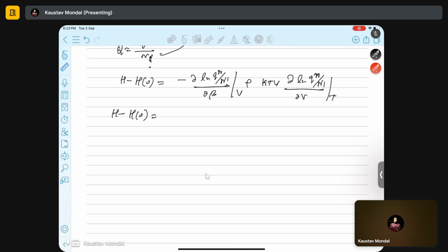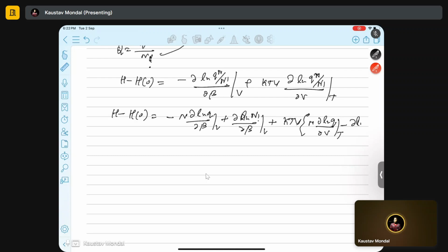The first term decomposes into two terms: n times del ln q by del beta at constant volume, plus, since n factorial is in the denominator, the minus becomes plus, del ln n factorial by del beta at constant volume. The next term is kTV times n del ln q by del V at constant temperature minus del ln n factorial by del V at constant temperature.